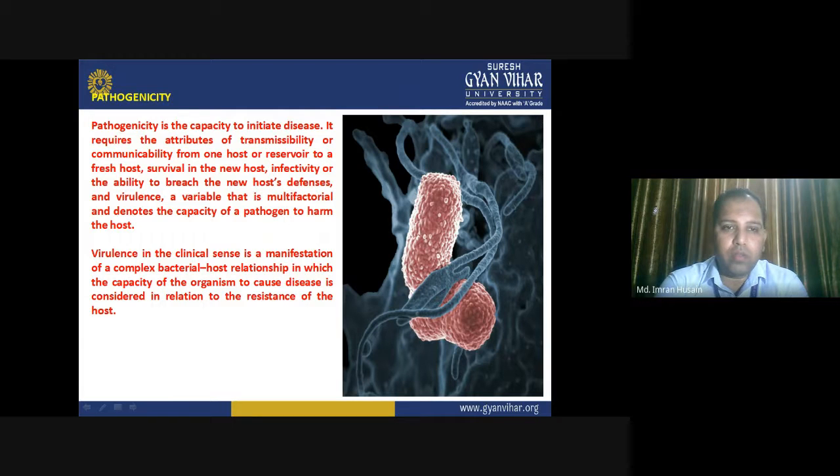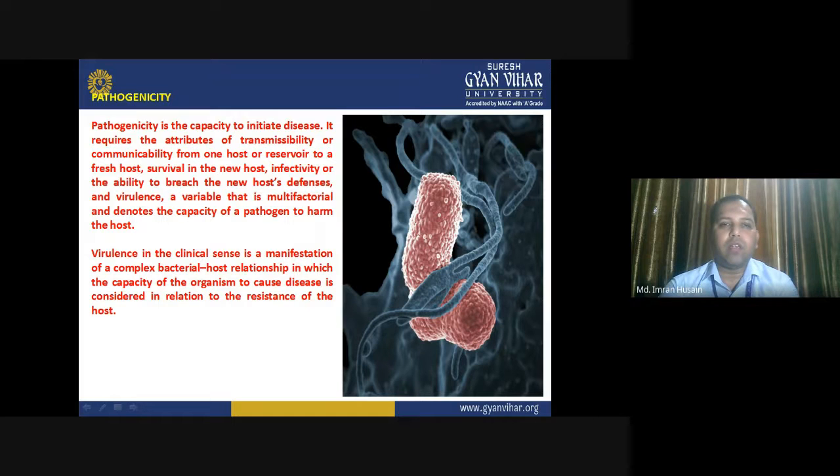Infectivity: how infectious it is proving itself to be, its ability to breach the new host defenses. And virulence: how that particular pathogen is going to evade the host defenses and use its various virulence factors.